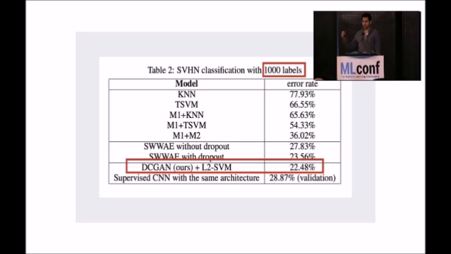And we just trained an SVM on top for a task in Google Street View: identifying house numbers. There's a lot of research on doing that, and there are data sets with a bunch of street view images with house numbers where you have to predict what number it is.